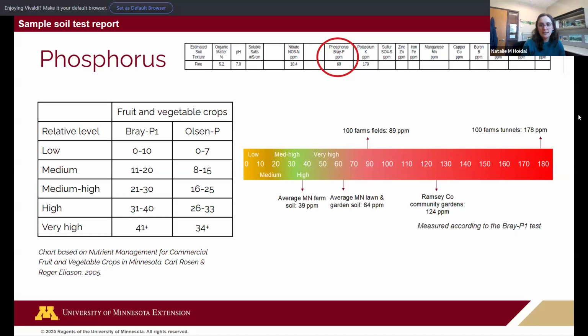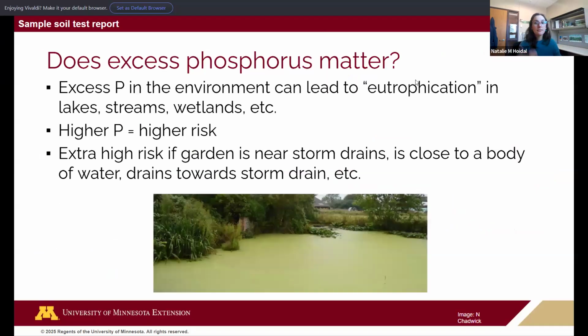And then our high tunnels tend to have a lot more phosphorus. And so we generally don't need more phosphorus in our soils. There are certainly some of you who will, but most of you probably do not need more phosphorus. And that does matter because phosphorus is a limiting nutrient in freshwater ecosystems.